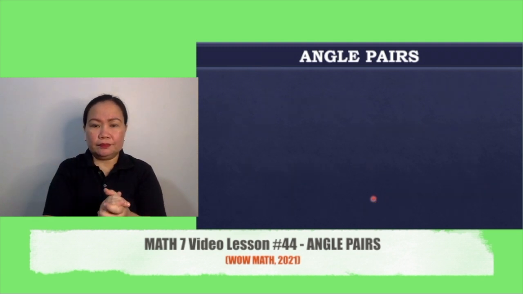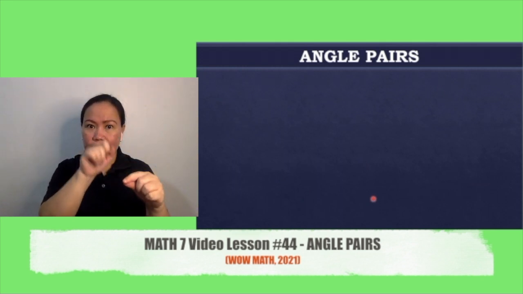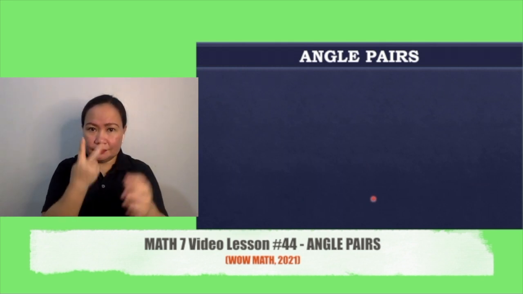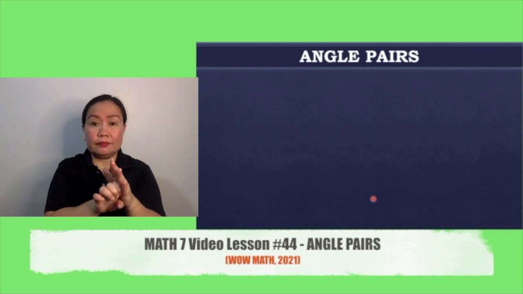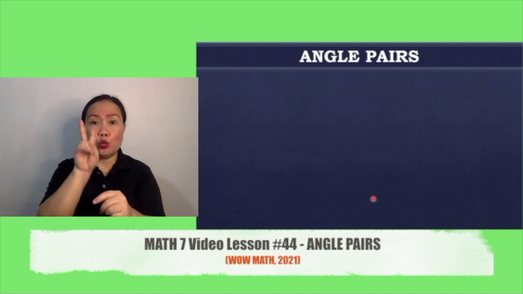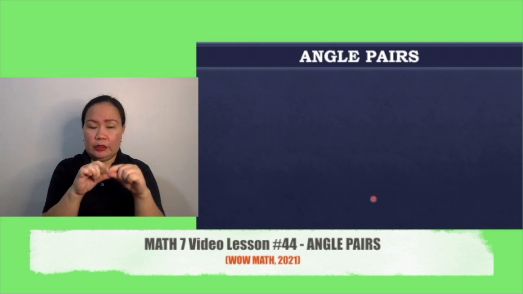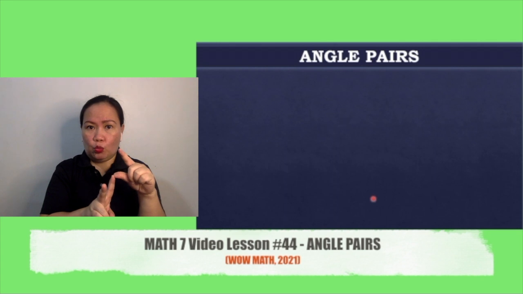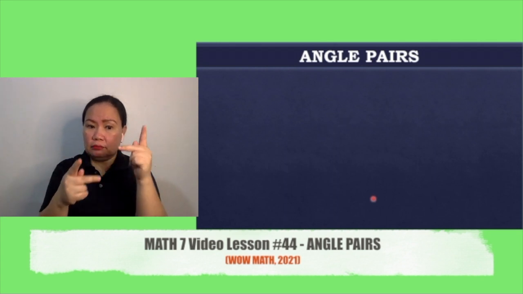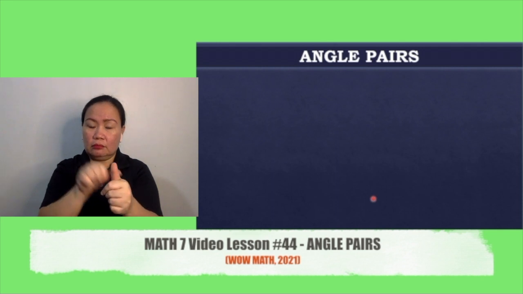So, let's start. What is an angle pair? So, based nga dun sa nakita ninyong example kanina, kaya siya tinawag na pair because it is composed of two angles. So, hindi natin siya pwedeng tawagin na angle pair kung isa lang yung angle mo. So, based dun sa activity natin kanina, nakita ninyo na dalawa ang angles po natin sa bawat angle pair.